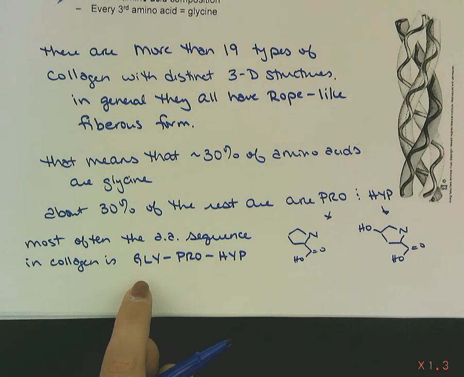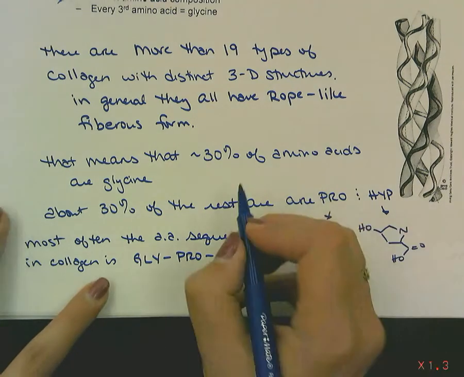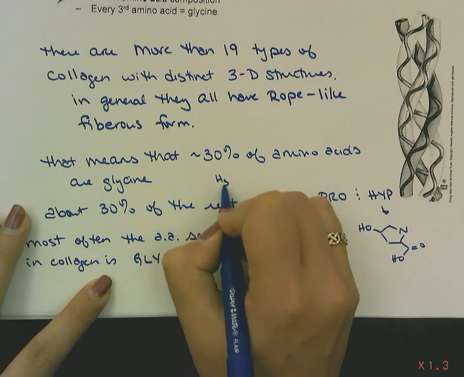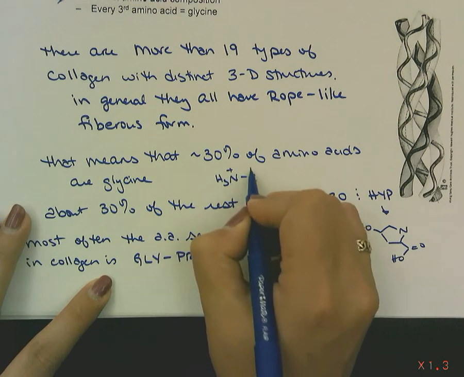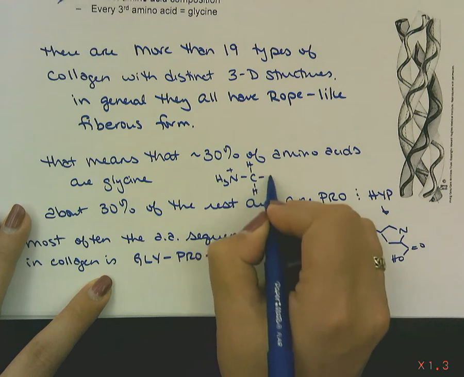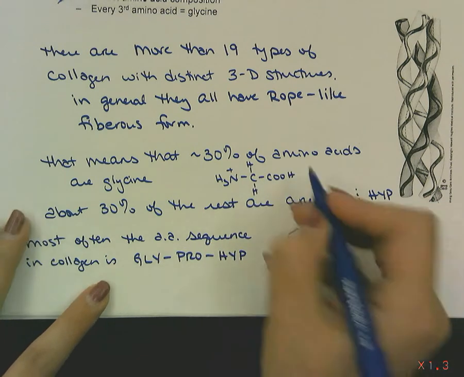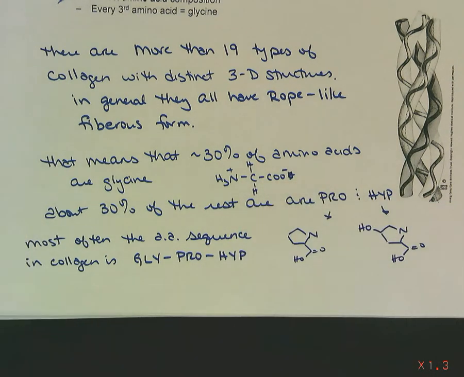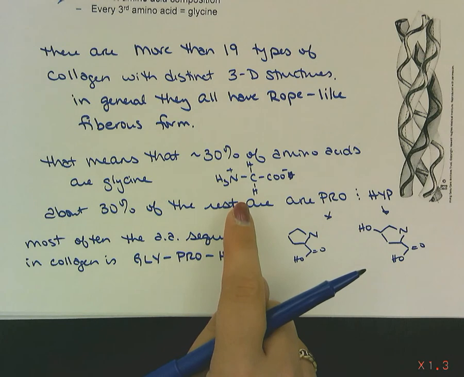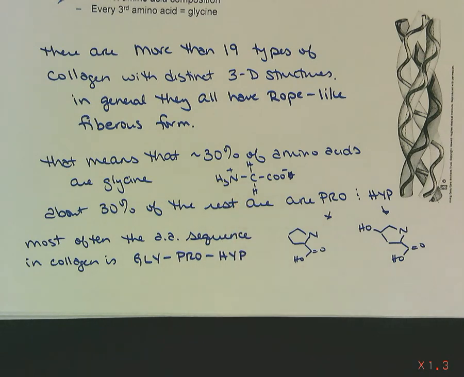It doesn't really have a particularly interesting structure. Proline's this guy. That one's glycine, pretty boring amino acid, but tiny. This is one of the smallest amino acids.